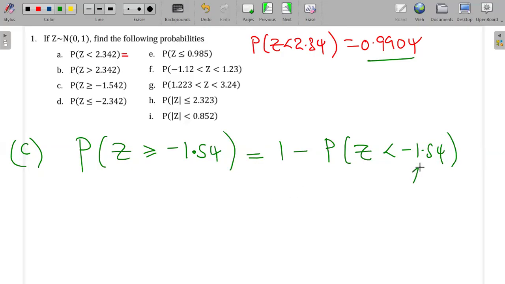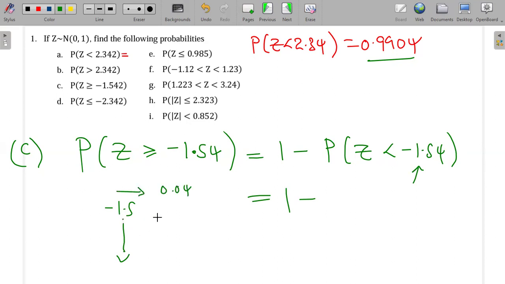This one here is a negative value, so we have a table for negative values. For minus 1.54, the minus 1.5 we find in the first column, and the 0.04 we find in the first row.